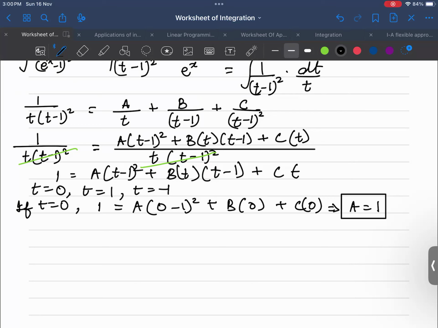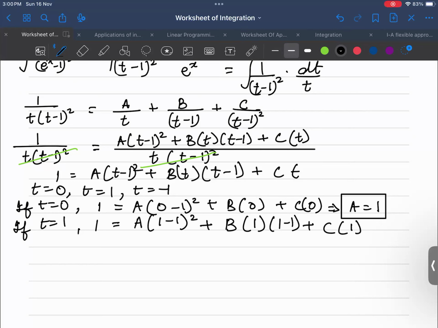If t equals 1, then 1 equals a (1 minus 1) whole square plus b (1 minus 1) plus c times 1. We get c equals 1.